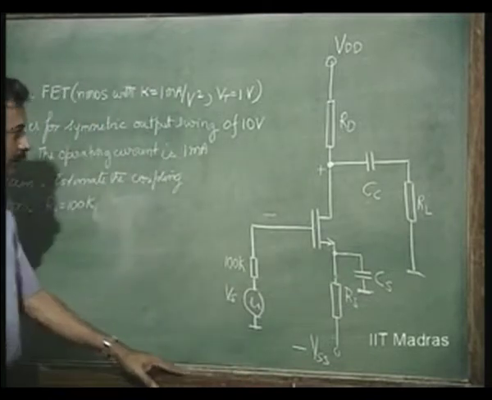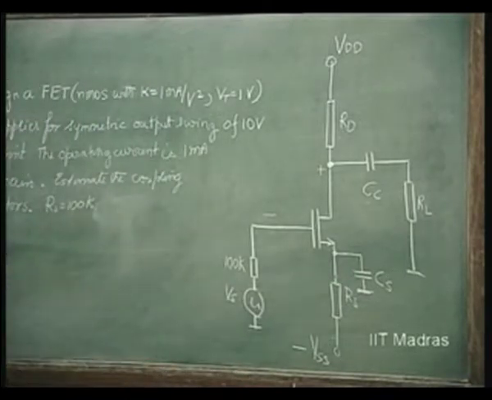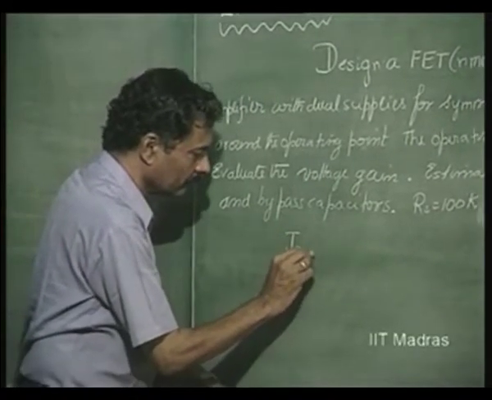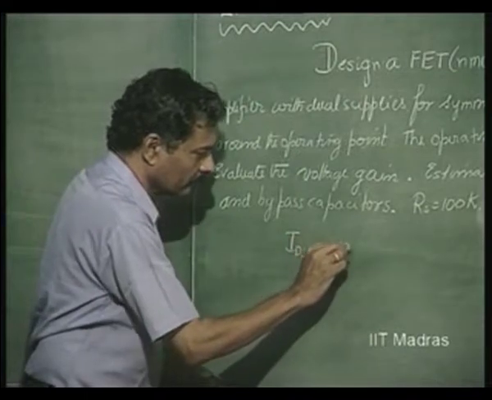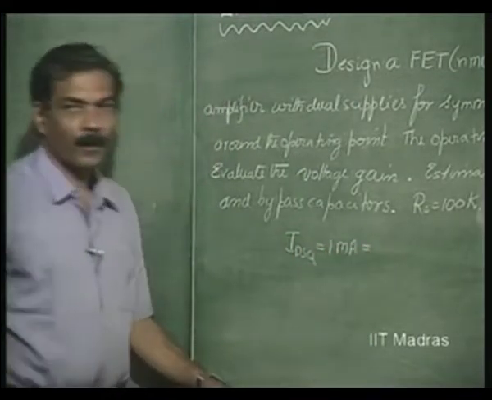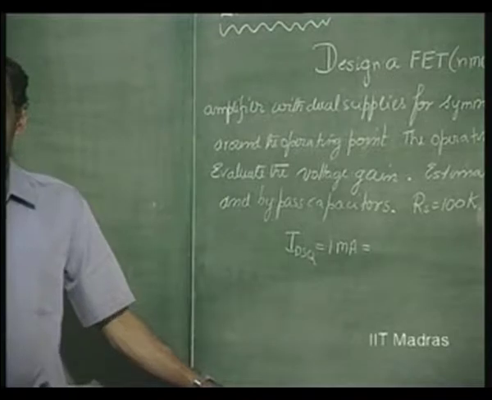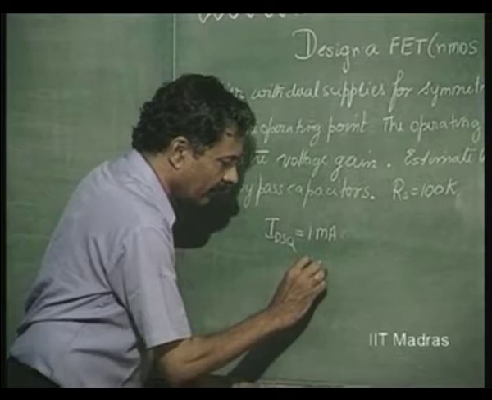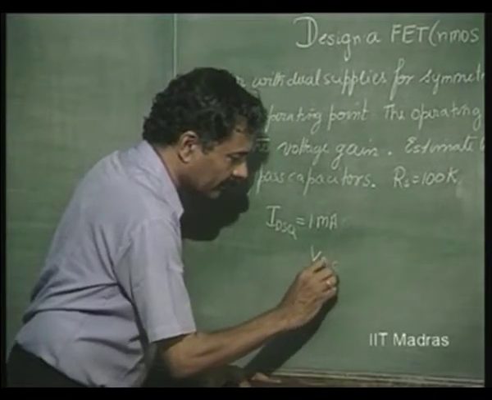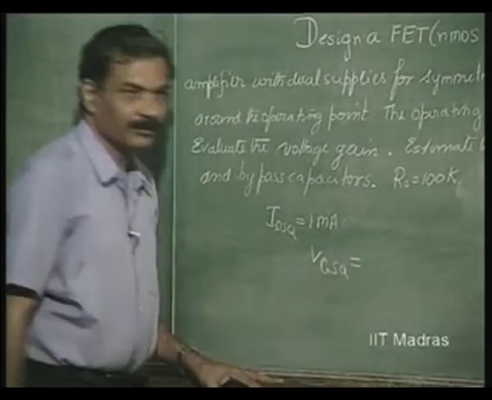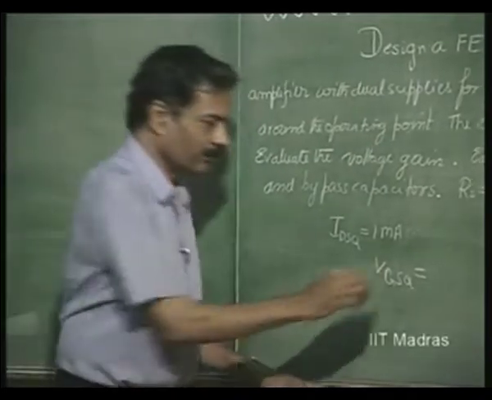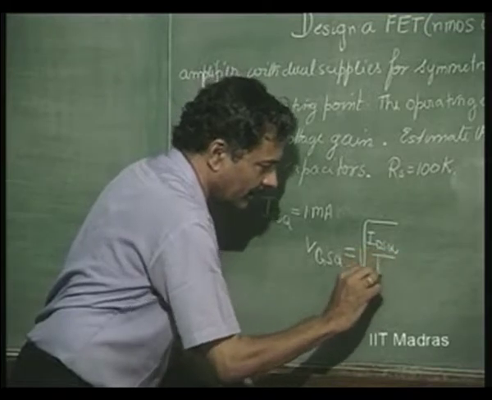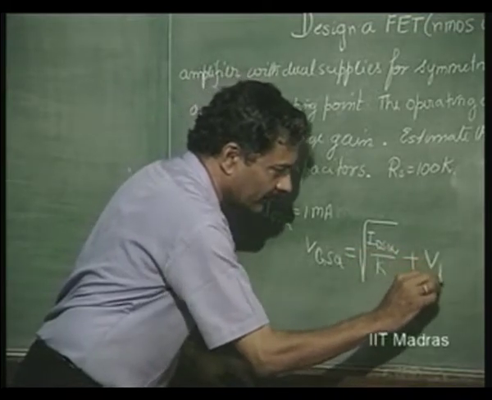So, for 1 milliampere operating current IDSQ, the VGSQ needed, VGSQ is equal to, we know, root of IDSQ by K plus Vt.